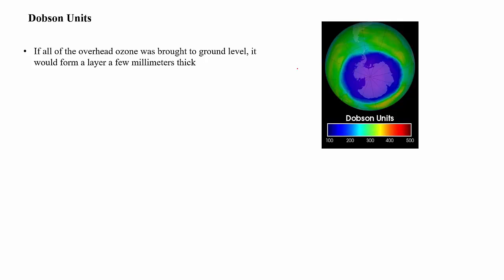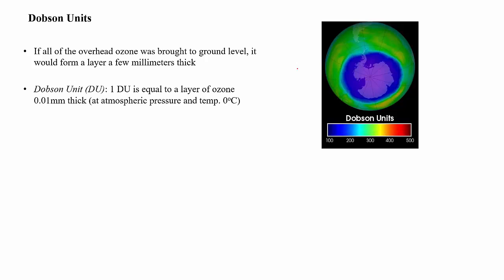In this next slide, I'm going to get into some of the technical details. Stratospheric ozone levels are measured in something called Dobson units. This is a measure of all the ozone in the atmosphere above your head, all the way between ground level and outer space. If all the overhead ozone was brought down to ground level and concentrated, it would form a layer just a few millimeters thick.